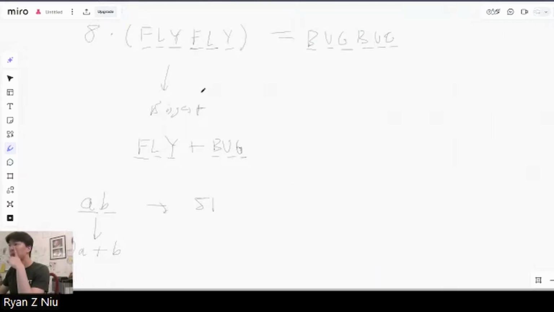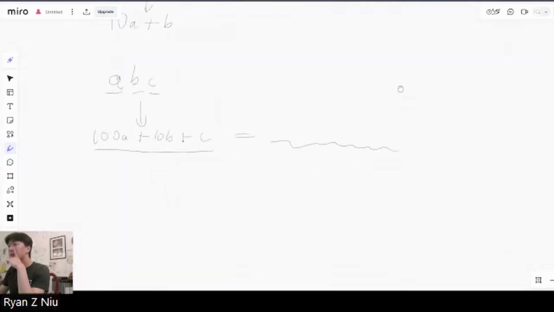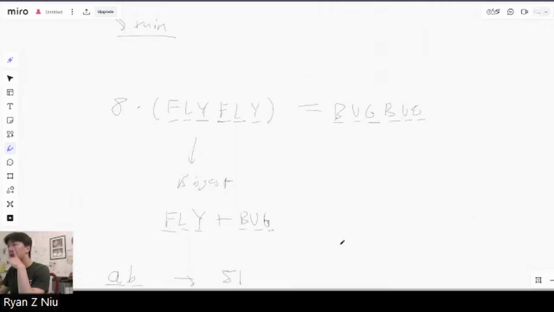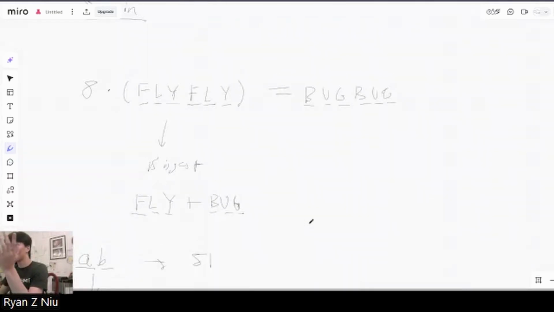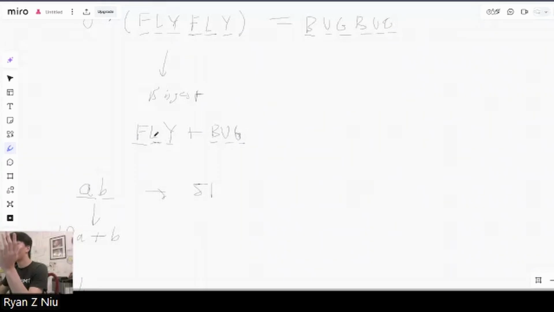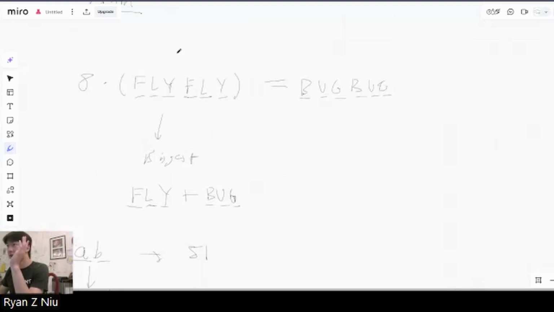And so here, basically what we have is the same idea. However, one thing to note is that we don't actually need to find each digit individually. To simplify things, we have this whole group of numbers here, FLY and FLY.